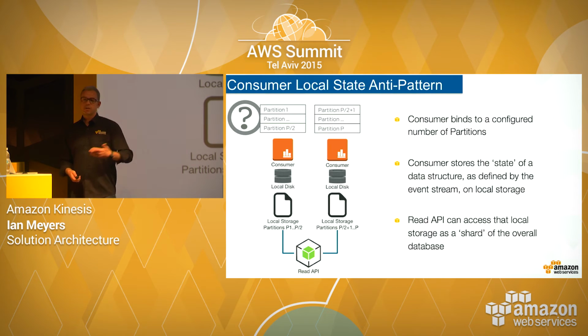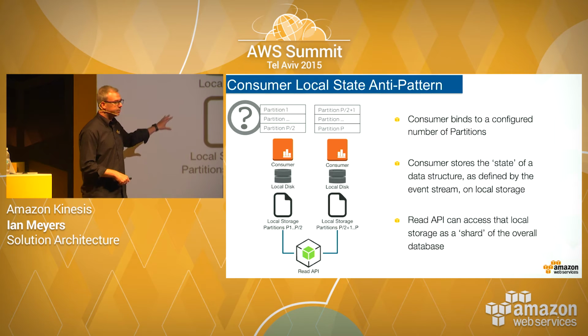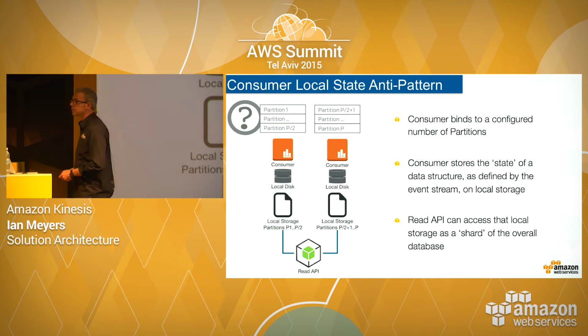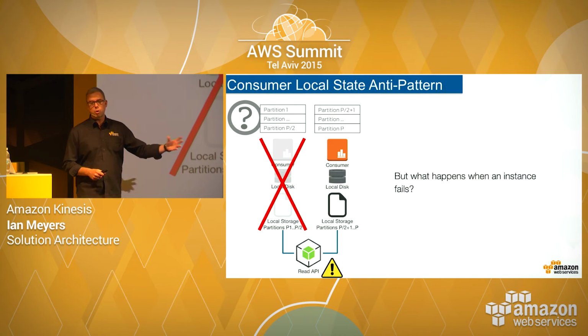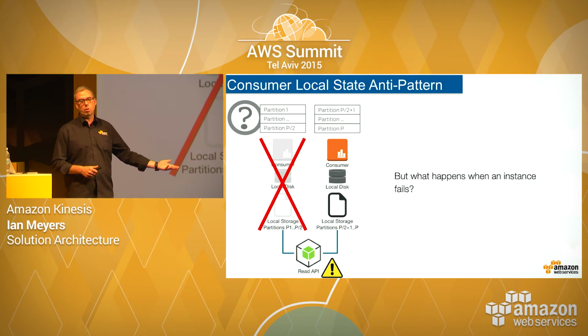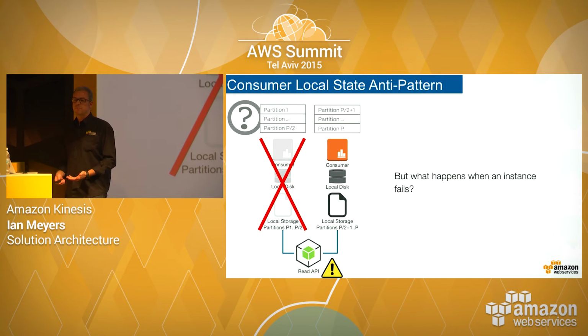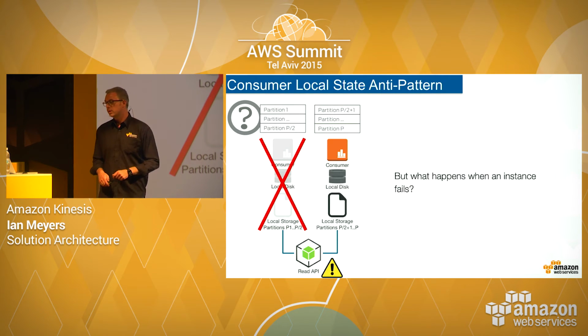And then they'll create a read API that's able to go and requery that application by looking at the local storage of those systems and federating the request. And unfortunately, everything fails all the time, so we get into a situation where one of these has fallen over, and we have to consider how we recover that event data in order for our consumers to carry on, in order to deal with accommodating that read load.